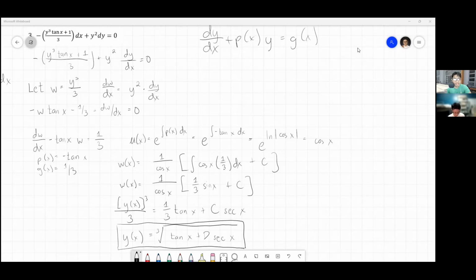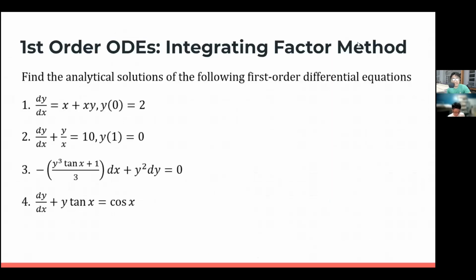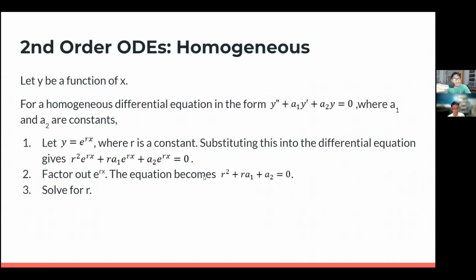So for the differential equations that we can solve using the integrating factor, I think all of these are linear, or will become linear. Now we're at unit 2, the second order ODEs.